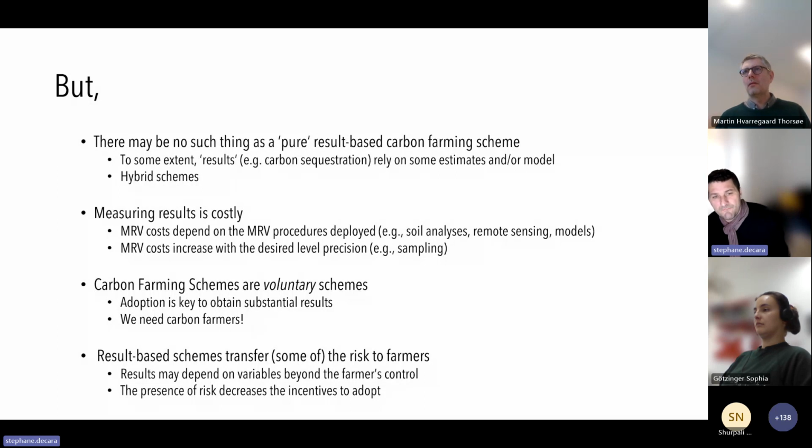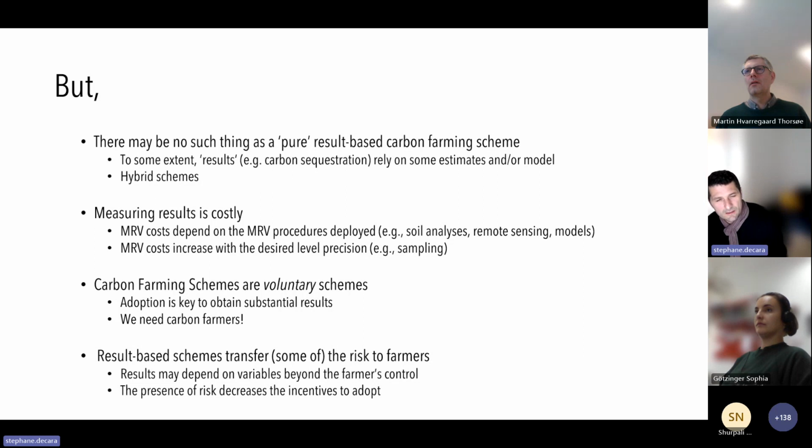Something that is, I think, very important is that carbon farming schemes are voluntary schemes. So that means that adoption and uptake by farmers is key to obtain the 42 million tons that Martin mentioned in the introduction.